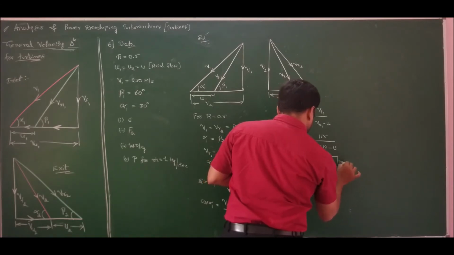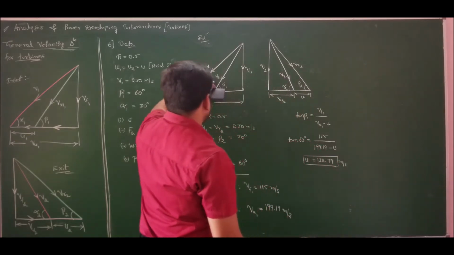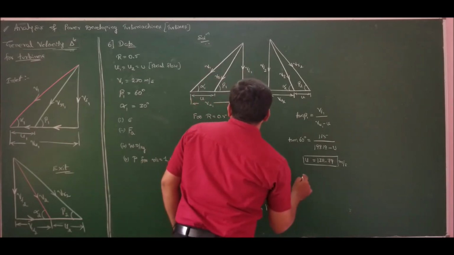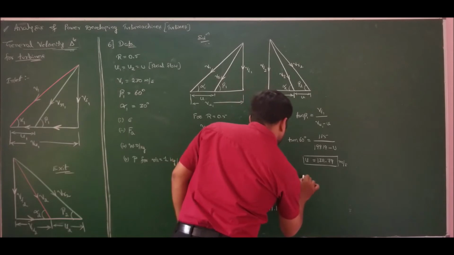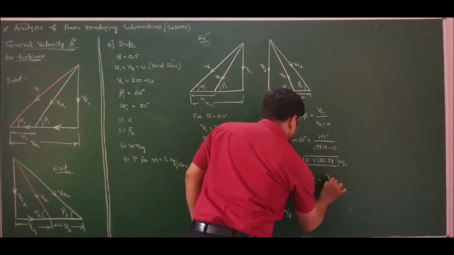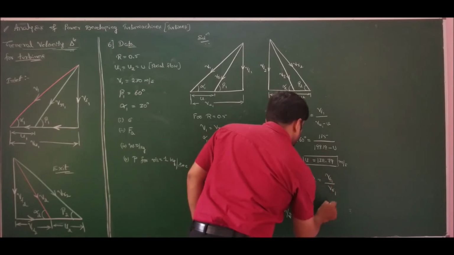Now I can find the value of VR1 easily. If I use sin beta 1, I can write it as Vf1 by VR1.